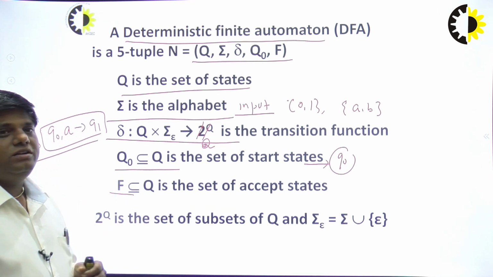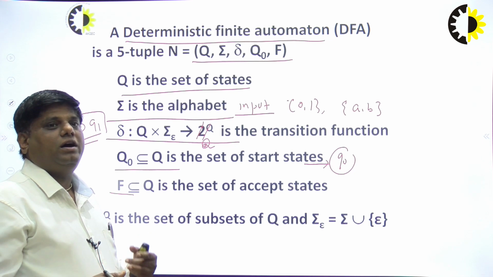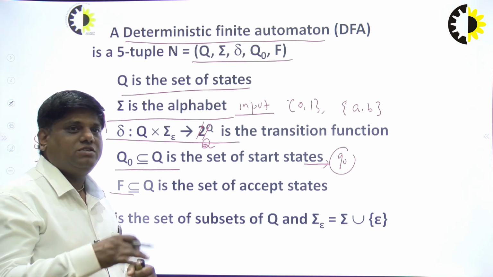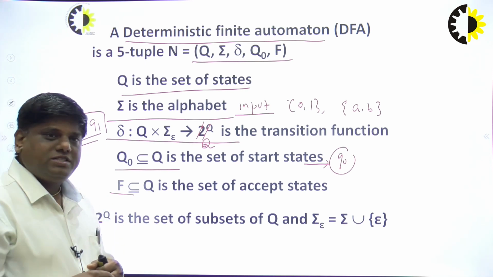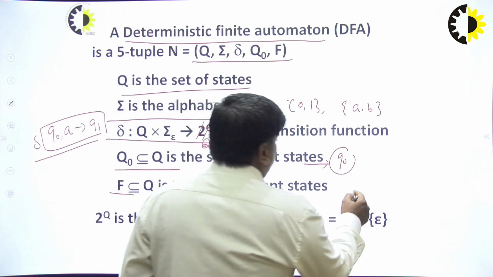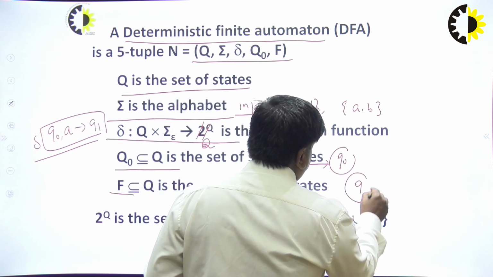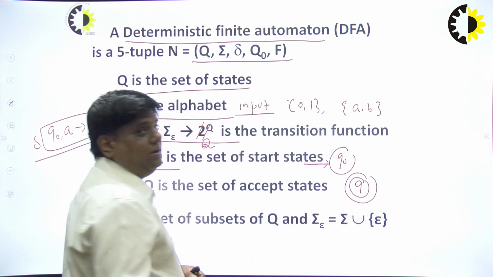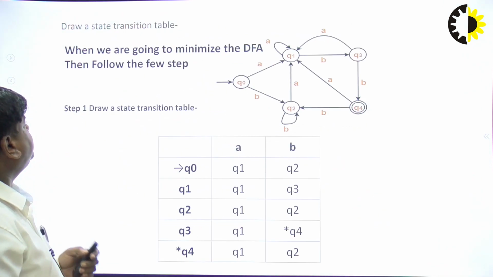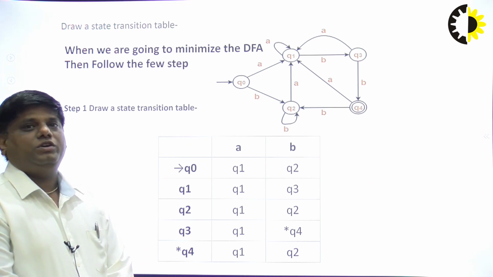When any kind of problem is accepted or solved by the deterministic finite automata, then the automaton has reached the final state. And in terms of the DFA, this is the symbol of the final state.